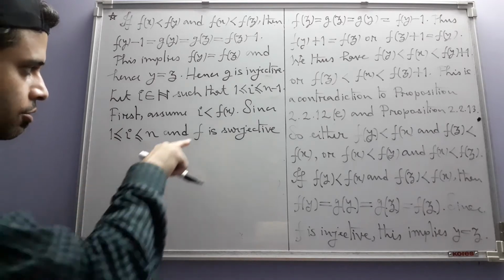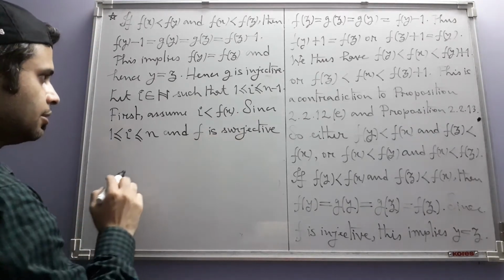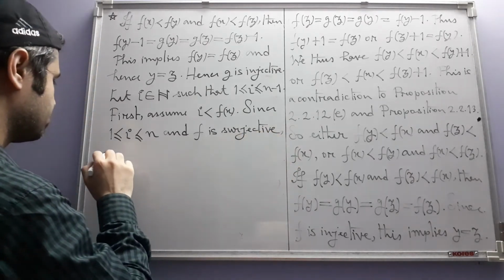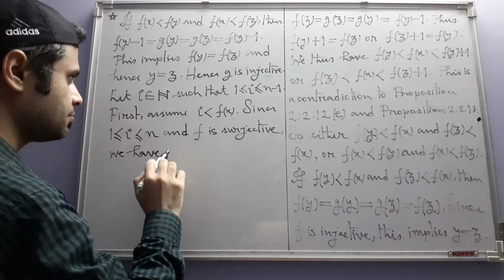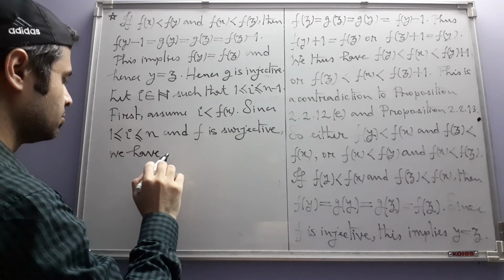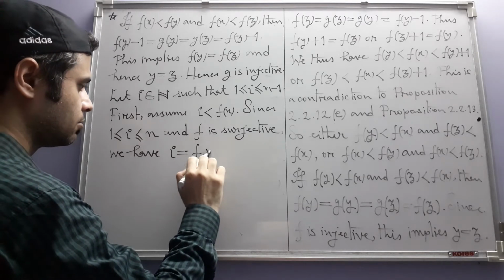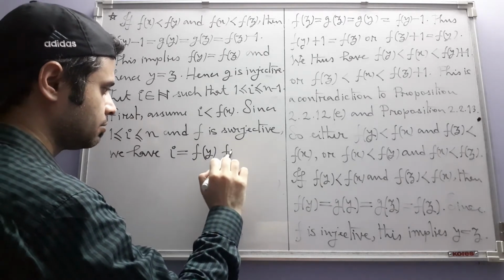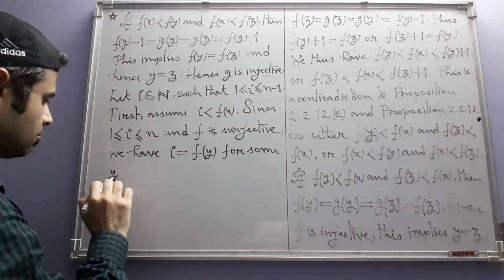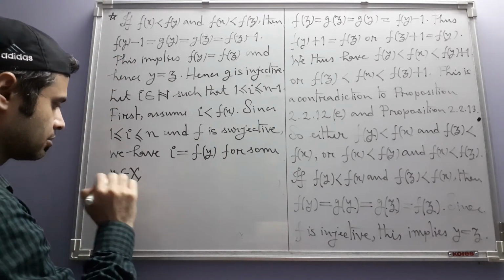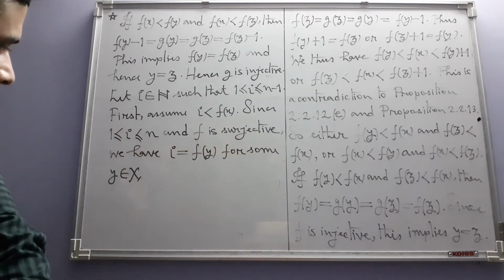So it should be equal to the f image of some element. We have I equal to f of y for some y belonging to x. This is coming purely from the surjectivity of f.